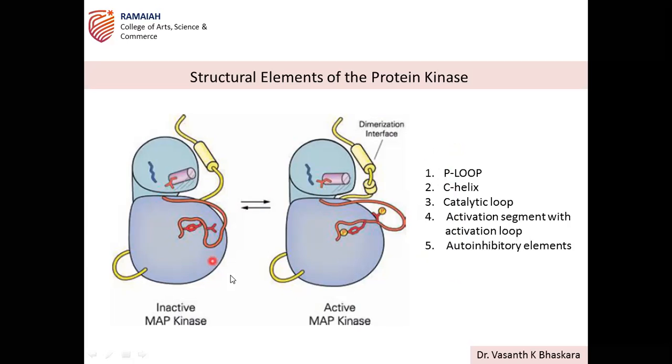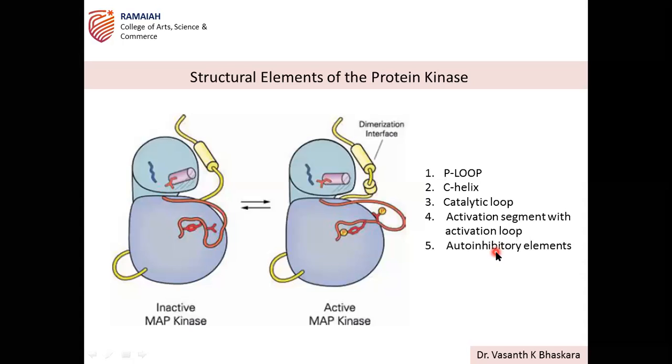Now, the main difference between inactive and active is the closed and open structure and then phosphorylation. The active site has phosphorylated residues. If you recollect, yesterday we discussed that the autoinhibitory element is different from the activation loop.